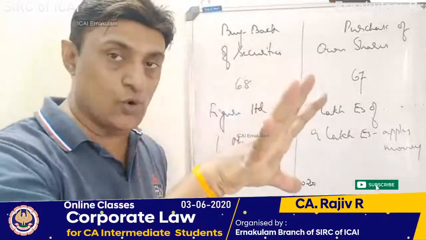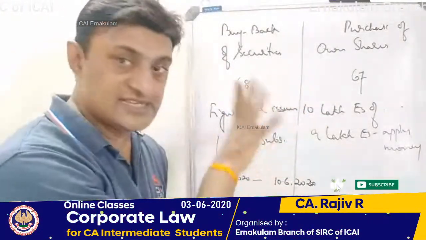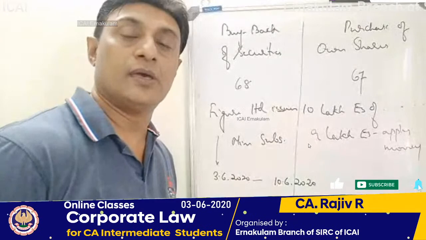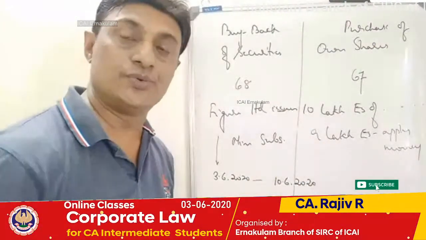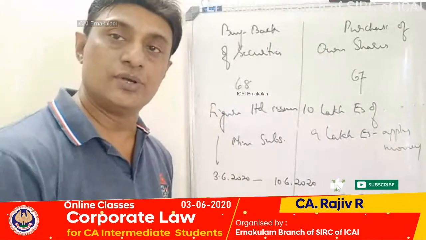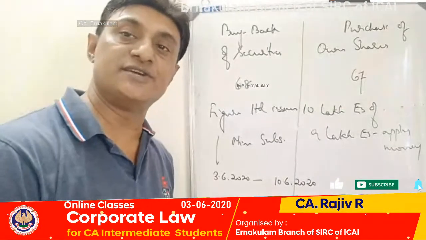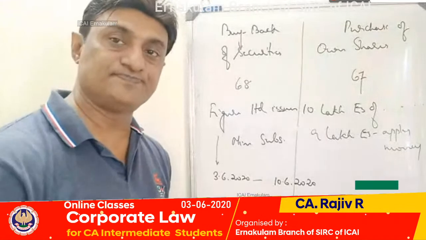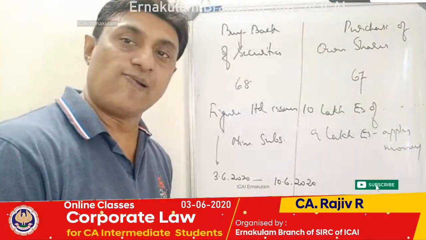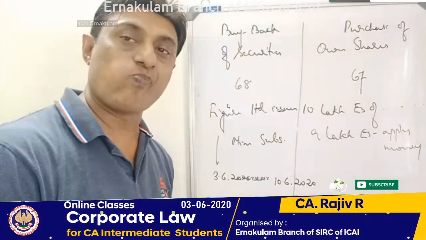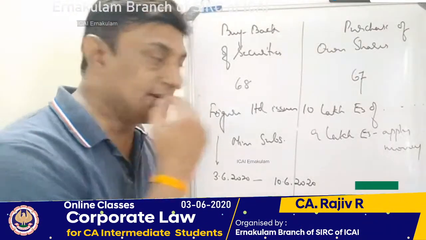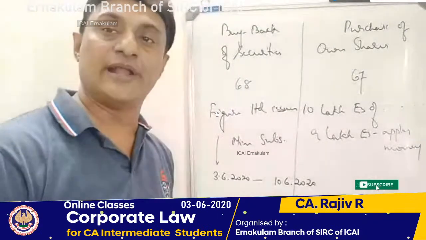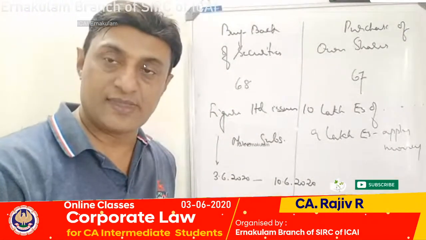And I know the goal before me, the target before me is 9 lakh equities. Time passes. It reaches 8th June. 8th June, 7,30,000 shares only subscribed for. My company is worried. I have another 2 days and I need at least subscription for 1,70,000 shares.